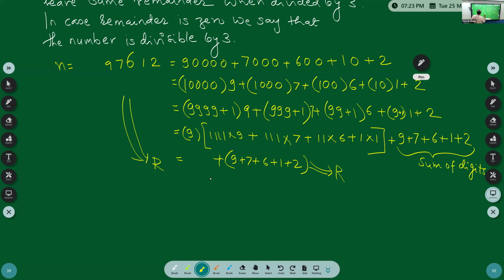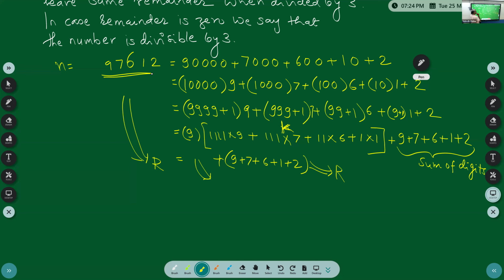Remainder left by... okay. Suppose this number is something, some number n or k. The rectangular box contains a natural number which is k, which is multiplied by 9. It is the first big part of the number, followed by the sum of the digits. That is what this number is.